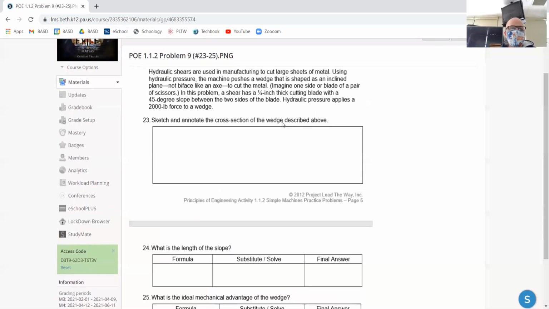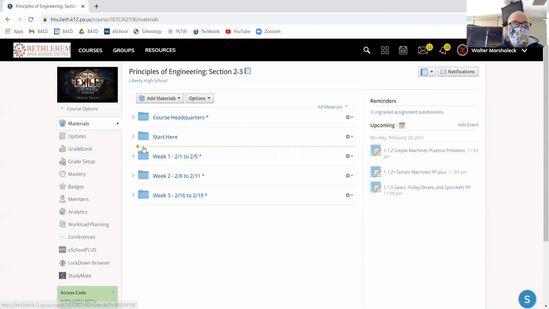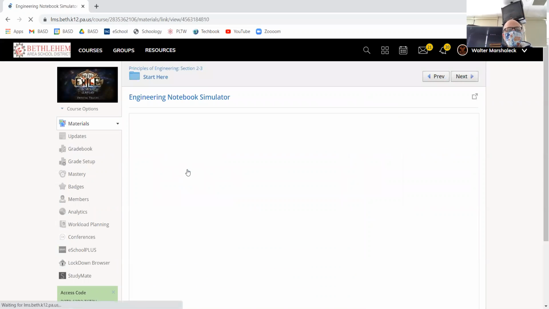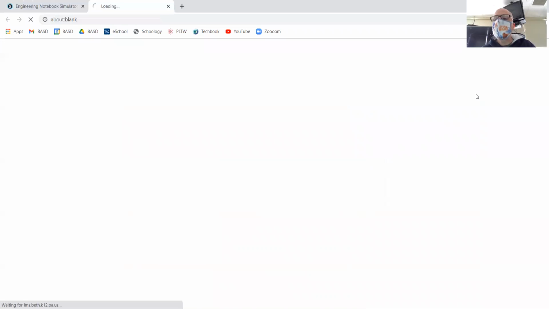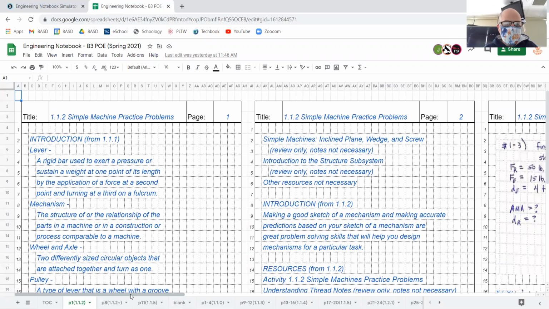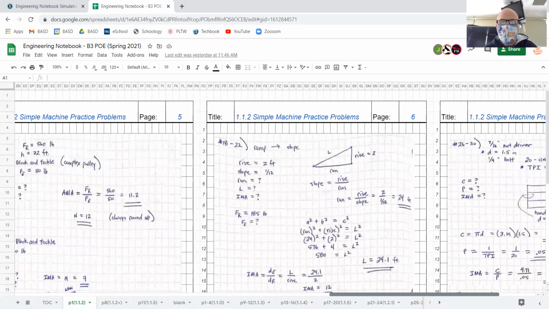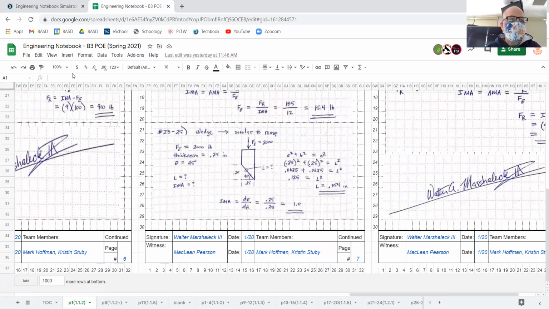After reading that, I look at my interpretation of that problem, which you will find in the Engineering Notebook Simulator. I think you can see a little picture of me in this recording. In the Engineering Notebook Simulator, where is that particular problem? All right, there it is. Let me make that a bit bigger.